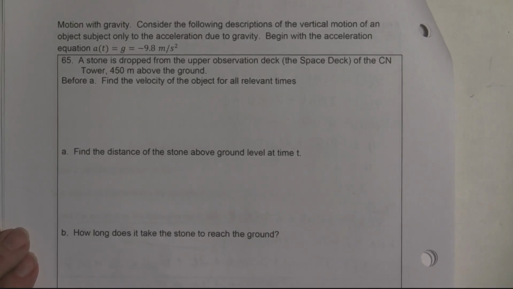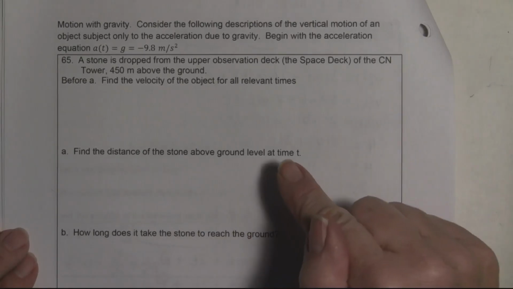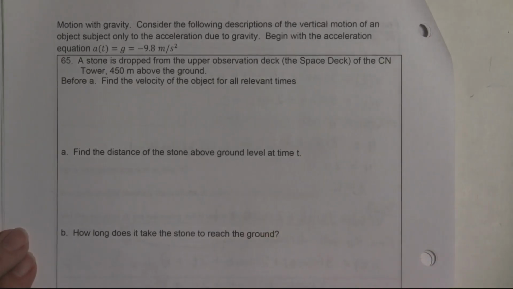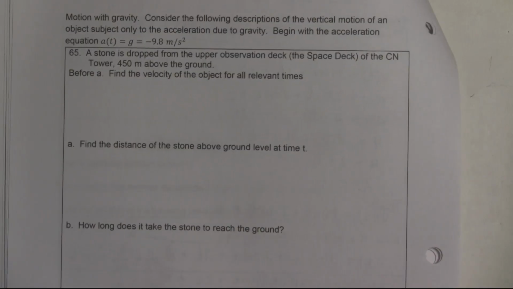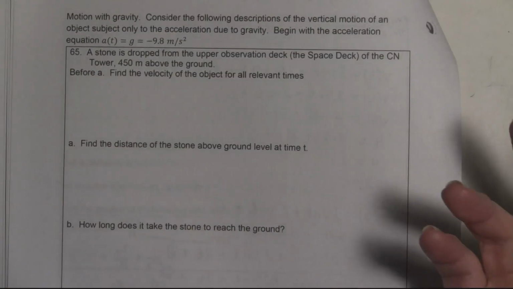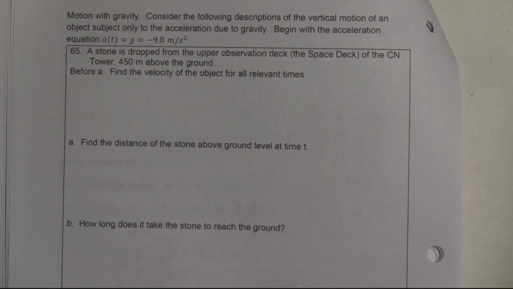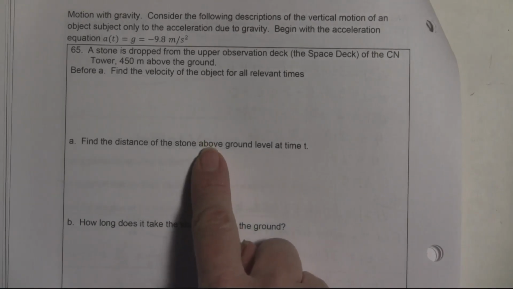And I said this was before A, because what they asked you to answer was these questions. But in order to answer those questions, you need to find the velocity equation. It's really helpful, so that's why I called it before A, because this is really the first question that they asked here.